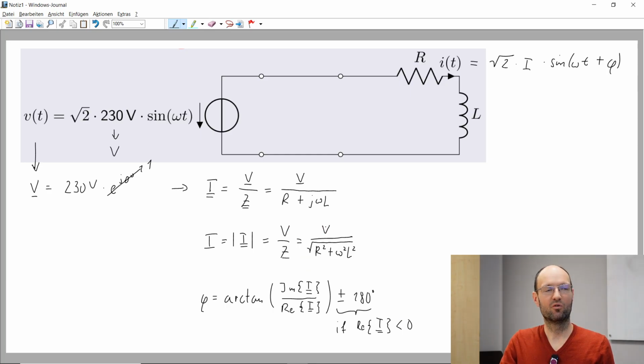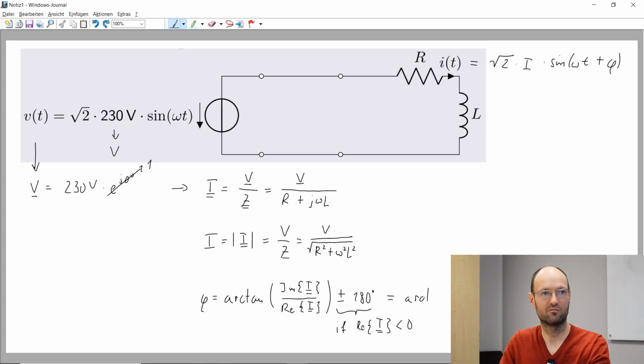Because we have no phase angle here, we just have the phase angle of the impedance, but because the impedance is in the denominator of this fraction, in this case we could say it's the arctangent of the imaginary part.